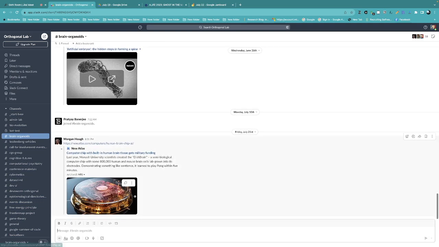And then there's "Computer chip with built-in human brain tissue gets military funding." So this is the DishBrain technology we talked about several months ago now. This talks about DishBrain and how they're able to put some 800,000 human and mouse brain cells into an array of electrodes.